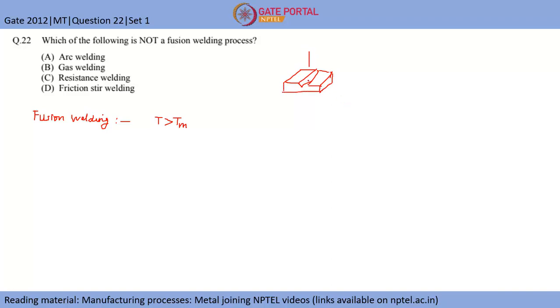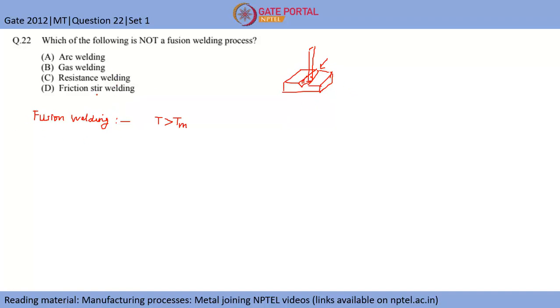We have an electrode and an arc is created here. We put this electrode and move it throughout the length of this workpiece. A lot of melting takes place and the bond forms. So this is a fusion welding process.